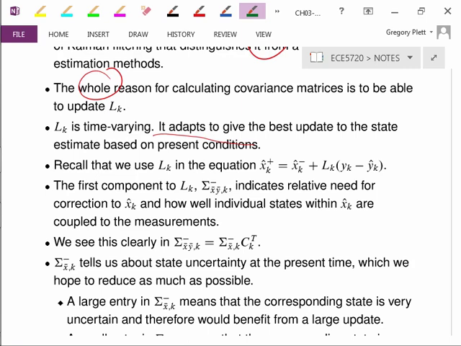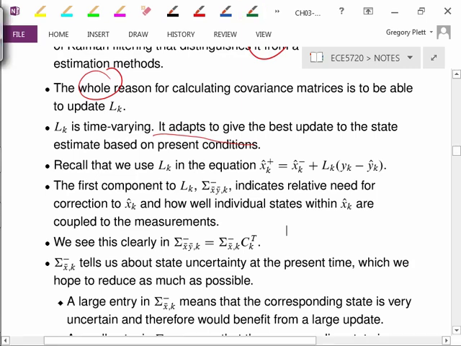Or if L is really, really big comparatively, that means that maybe our prediction wasn't very good, and we're trying to take the most information that we can out of the measurement y to update that prediction to make an estimate. So big L, small L has to do with how much we're updating the prediction to make an estimate.